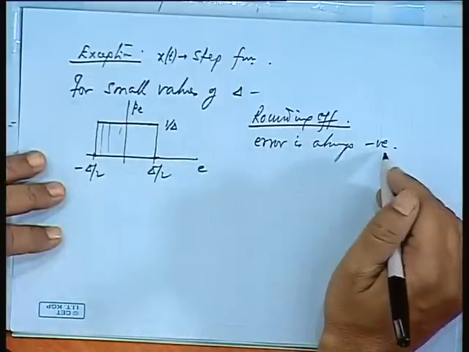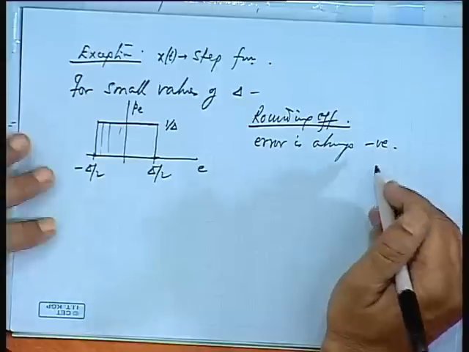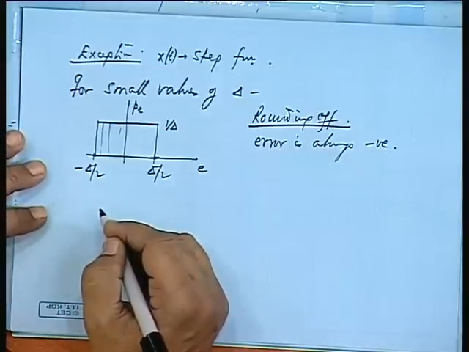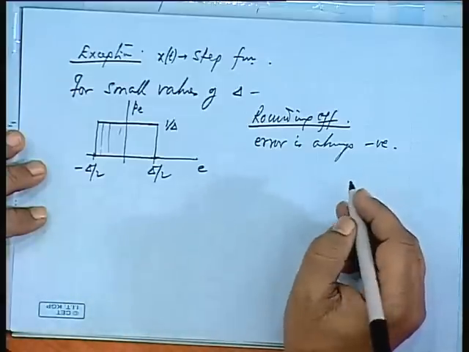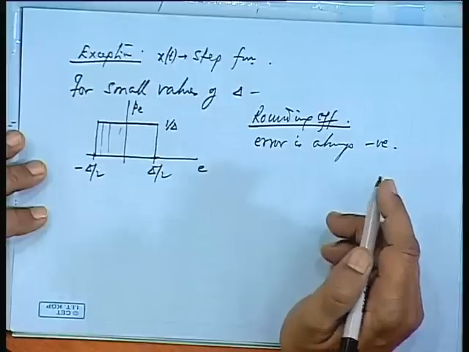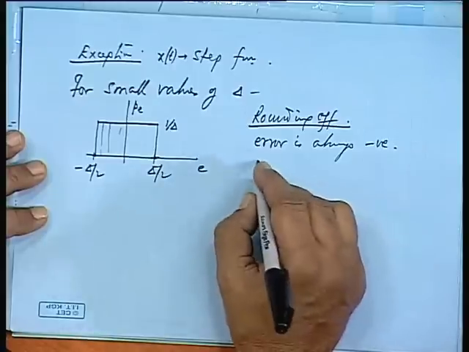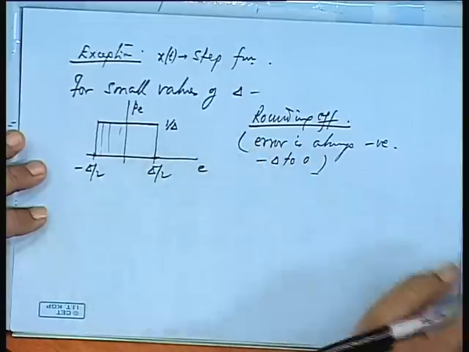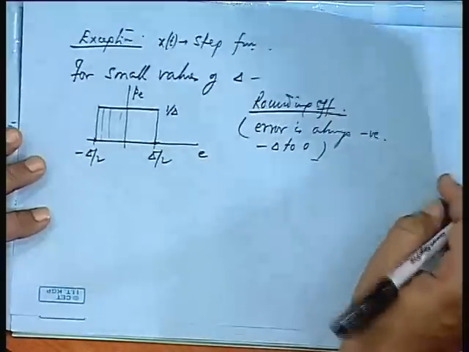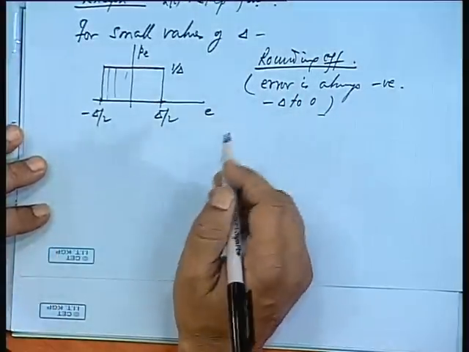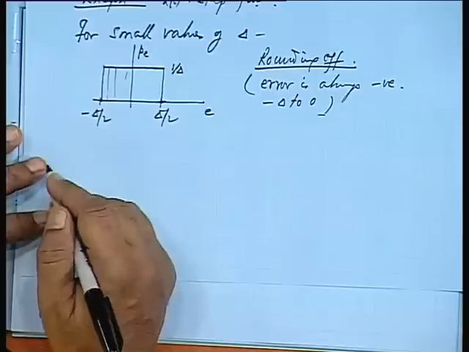Truncation, it will be always negative. It's a rounding off, error is between minus delta and 0. Think over this. Yes, for rounding off it will be minus delta to 0.